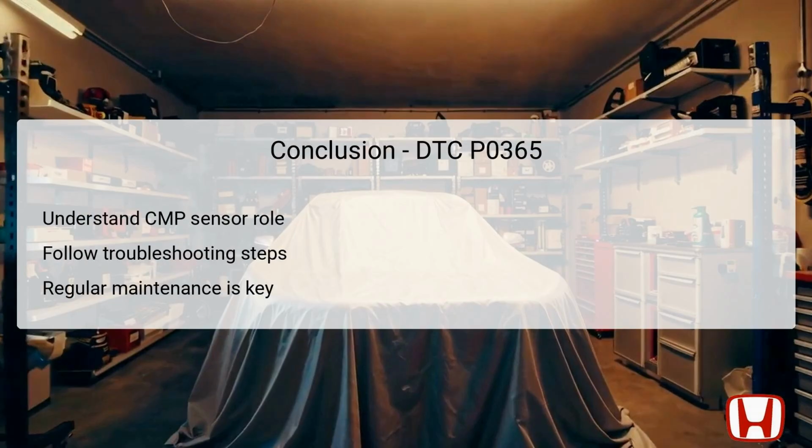In conclusion, understanding the role and functionality of the camshaft position sensor B is vital for anyone working on the Honda Accord 2023 Plus. Following the outlined troubleshooting steps will help accurately diagnose and resolve DTC P0365, ensuring proper engine operation and performance.